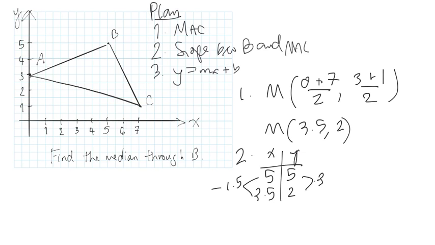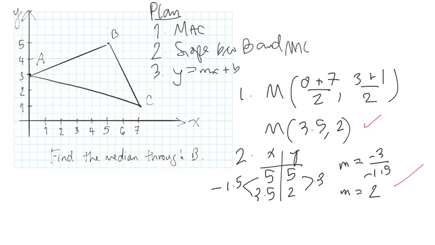So my slope is going to equal negative 3 divided by negative 1.5, right? Rise over run, y's over x. And that equals 2. So my slope equals 2. So I have my slope. There we go. I have my midpoint.